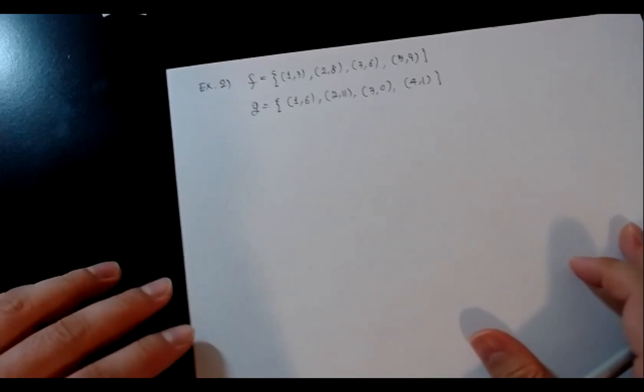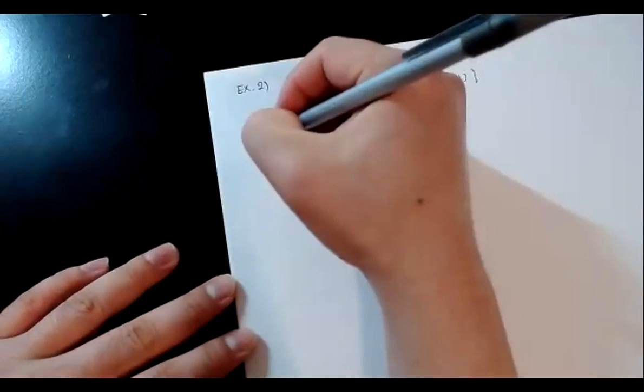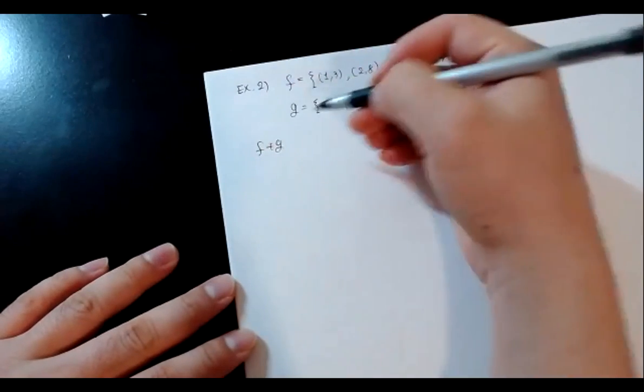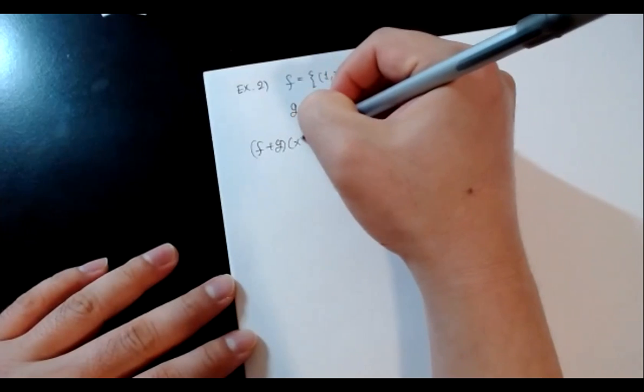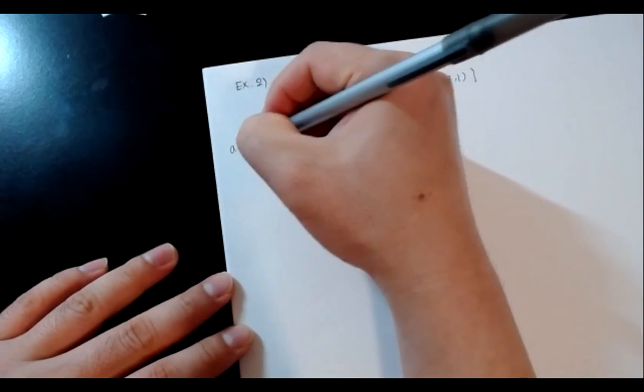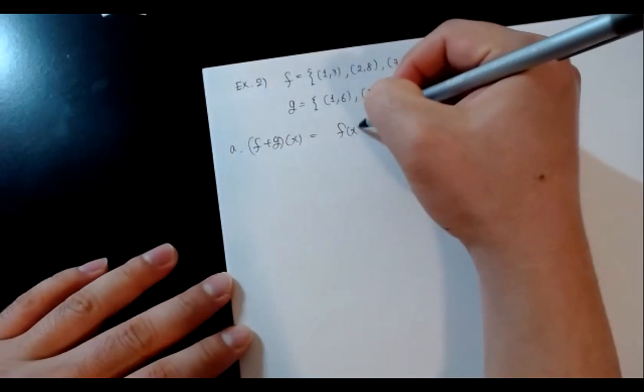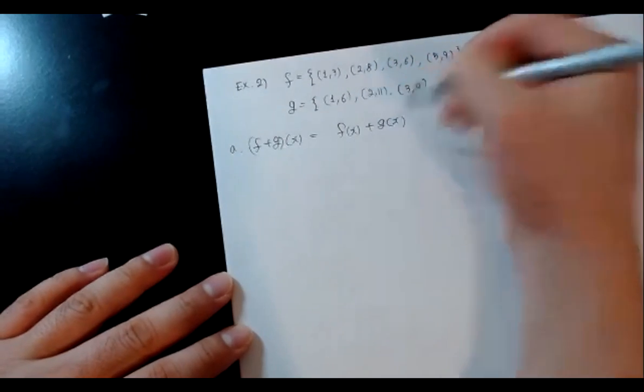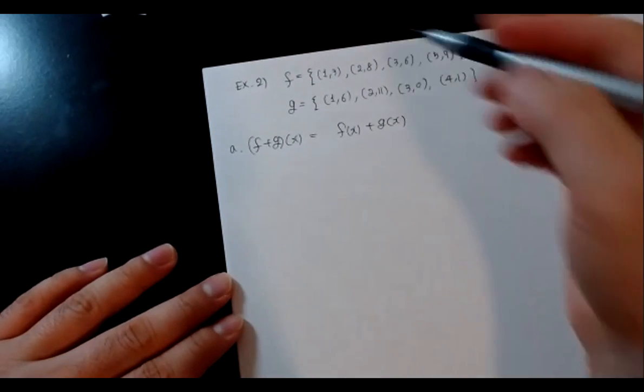All right, so now f plus g of x. This is f of x plus g of x, right? But look at this.